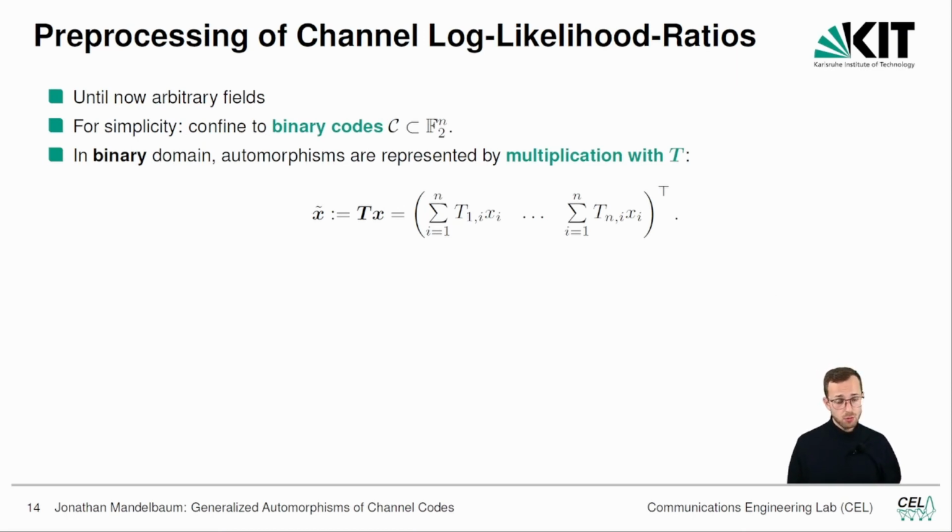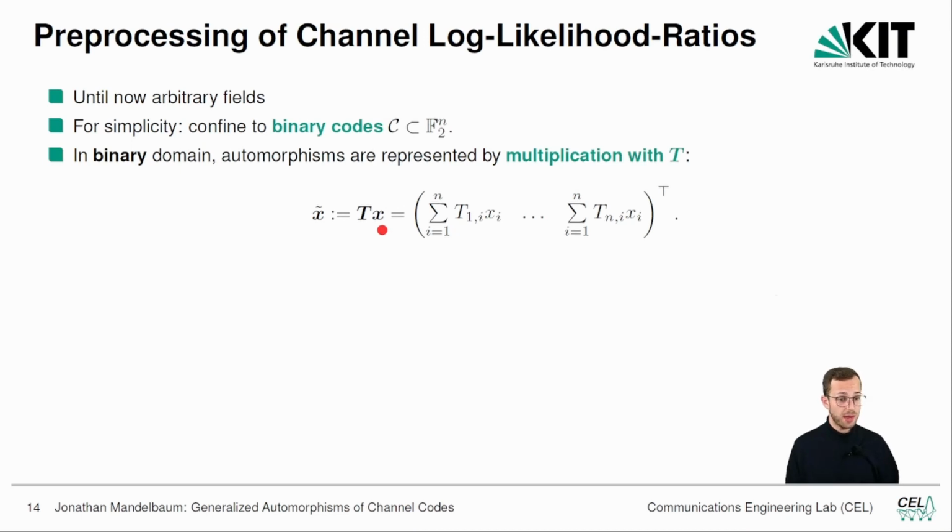In the binary domain, an automorphism is represented by a multiplication with t. Therefore, if x is a valid code word, the multiplication with t yields x tilde, which is again a valid code word. And notice that each entry of x tilde is just a binary summation of x according to the rows of t.